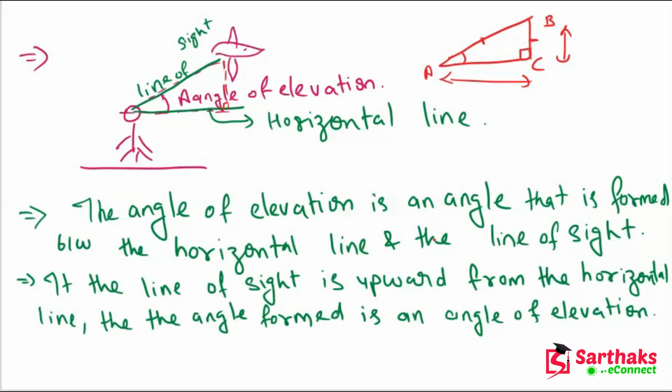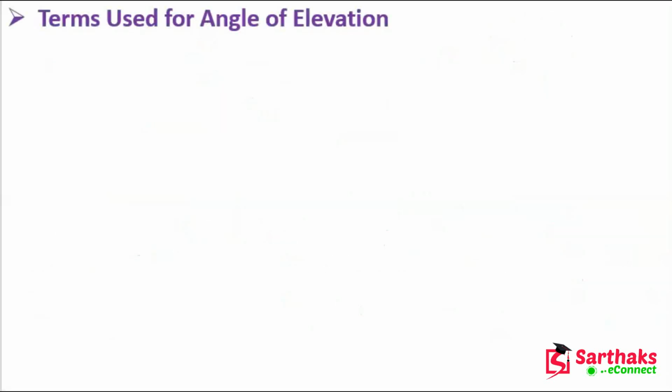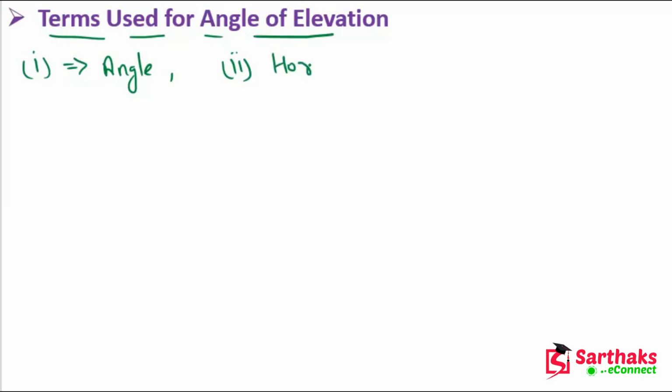Now, finally, let's move on. Terms used for angle of elevation. There are three terms related to the angle of elevation, which are: first is angle, second is horizontal line, and the third is line of sight.